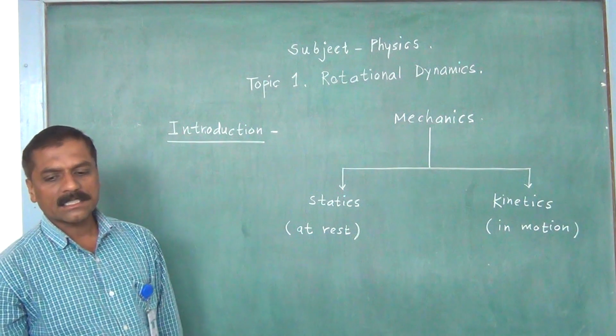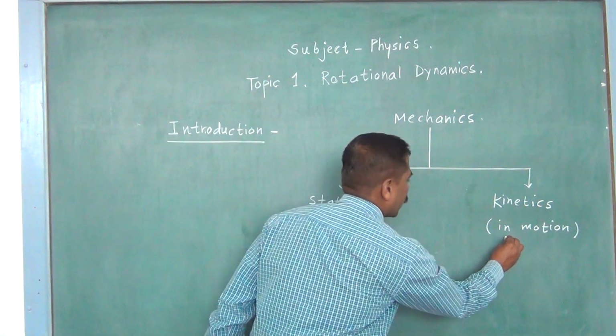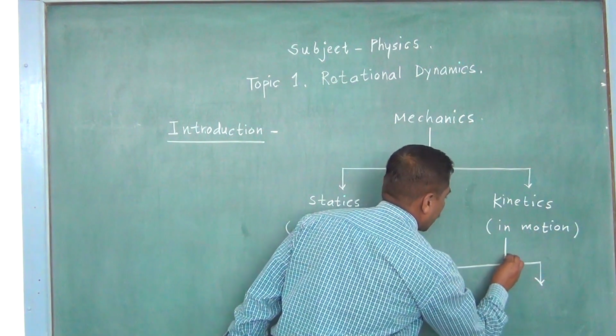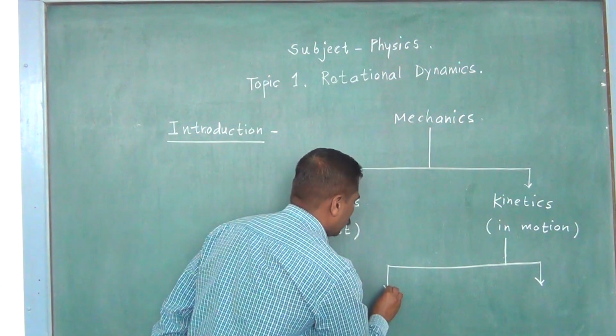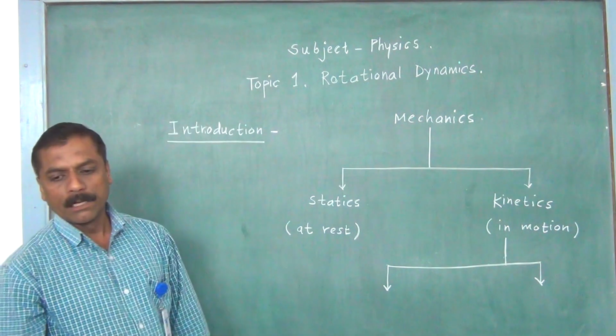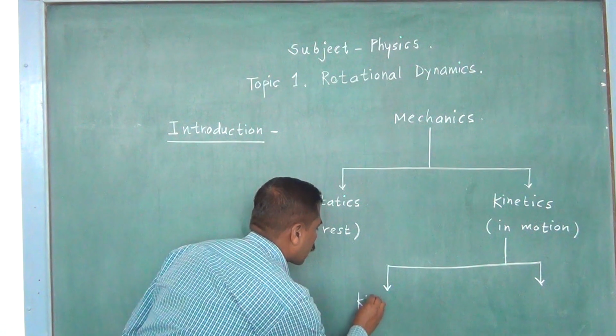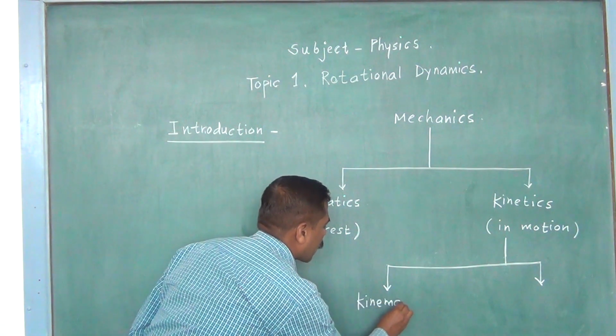Again, this kinetics is divided into two groups. The first branch is called as kinematical.